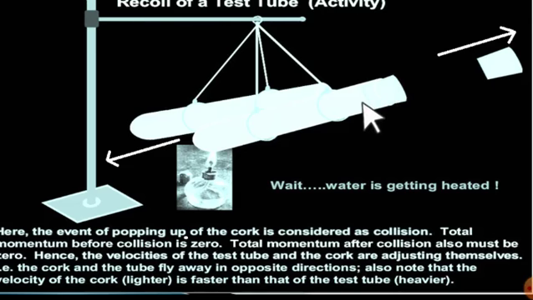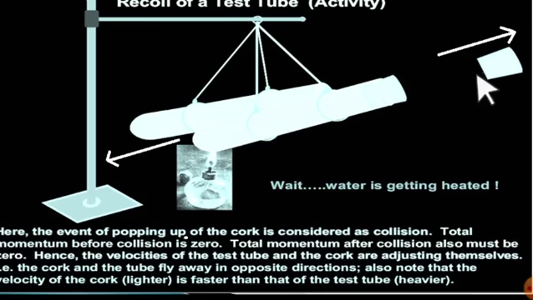The cork will fly in this direction, whereas the test tube will move backward in this direction. So before, when there is no bursting between the test tube and the cork, at that time it was stationary here.